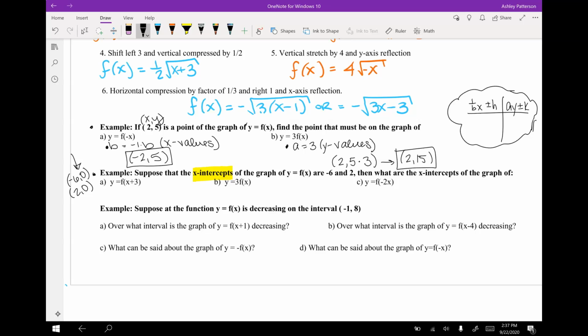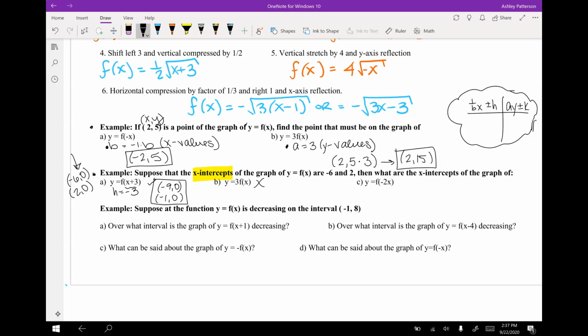Well, this one I'm going to put as a yes. And it's going to go 3 units to the left because there's an h value. So what we're going to do is we're going to take each of these x-intercepts and we're going to subtract 3. Why? Because h is -3. So the new x-intercepts are at (-9, 0) and (-1, 0), all because the h affects the x's.